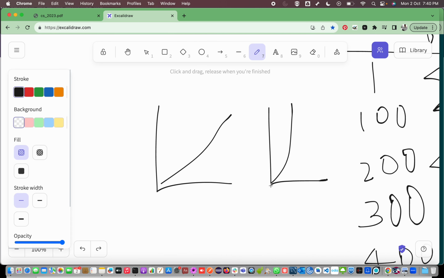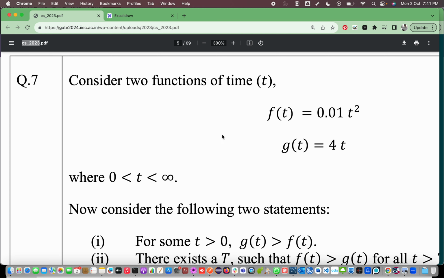It's like a straight line, then it will shoot up. Based on that we can find the answer. Okay, thank you.